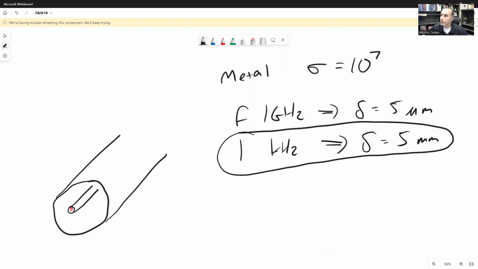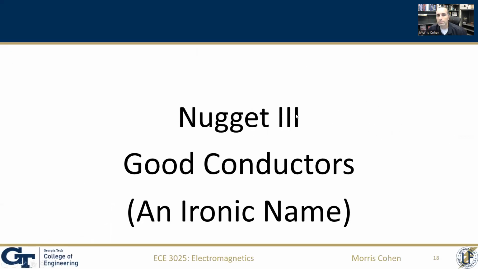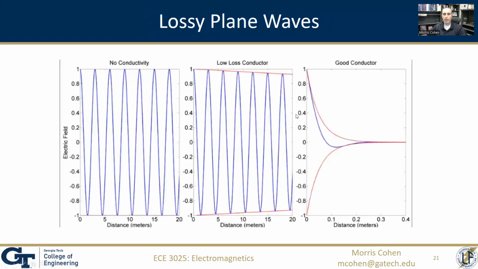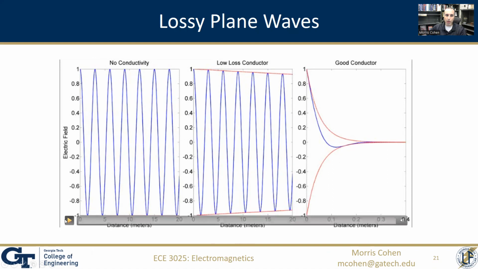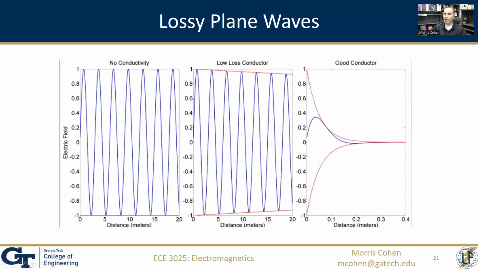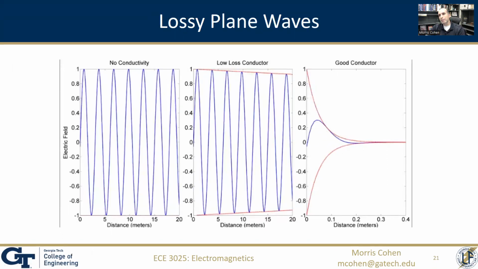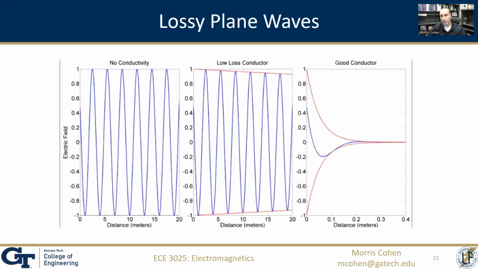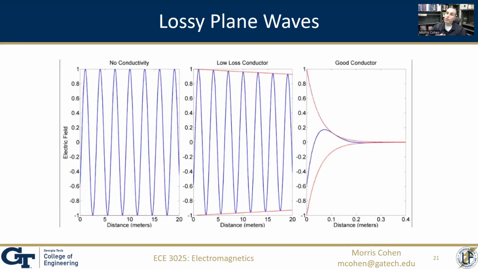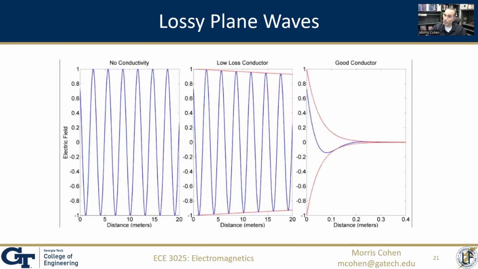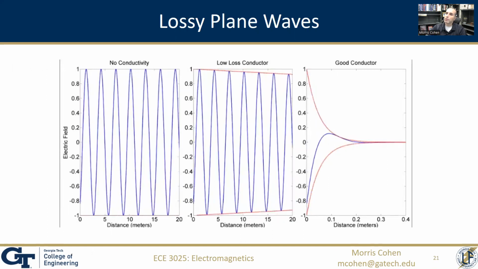All right. Let me kind of show you what this looks like pictorially with a little video here. And this is basically a good conductor compared to a conductor that's not a very good conductor. And so these are 3 different plots. I'm going to play all 3 of these. The left plot is a material that has no loss at all. The middle plot is a material that has a little bit of loss, but not very much. And the right is a good conductor where you're dominated by losses and have little to no penetration.